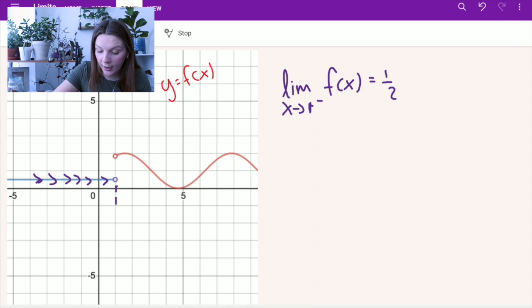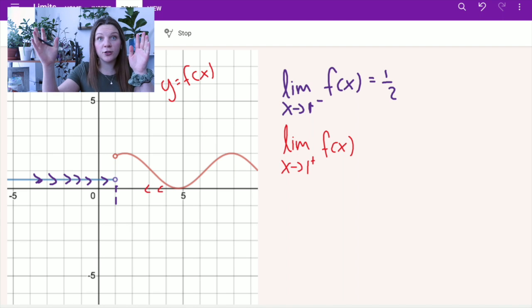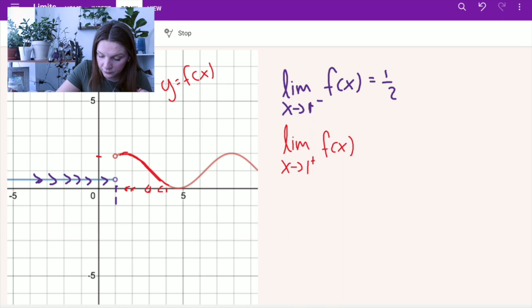But as I go from the right, well, as I take values of x larger than 1 but getting closer to 1, so maybe I start with 4 and then 3 and then 2 and then 1.5, and I get closer and closer, I'm traveling along this curve, and I notice that my values are changing and they're approaching some value here. Let's say it's approximately 1.9. So traveling from the right, I get a value of 1.9.